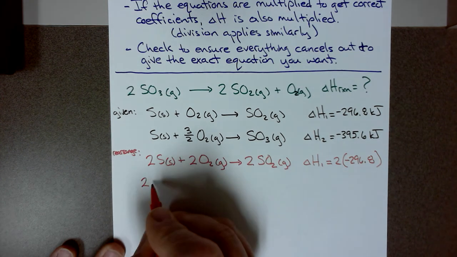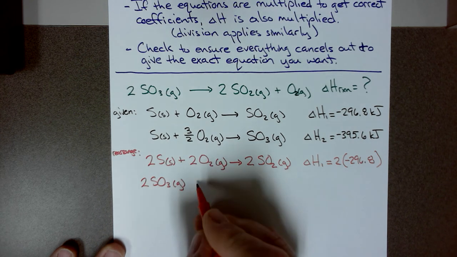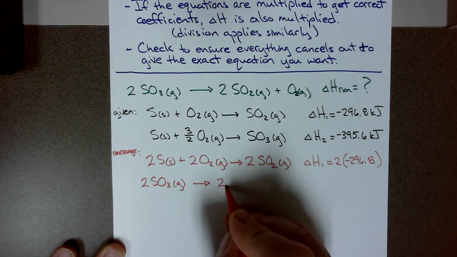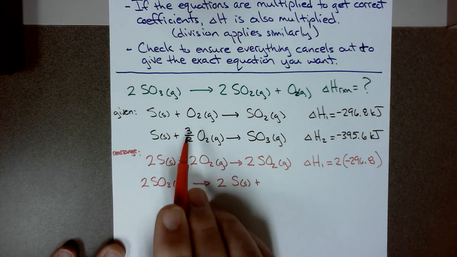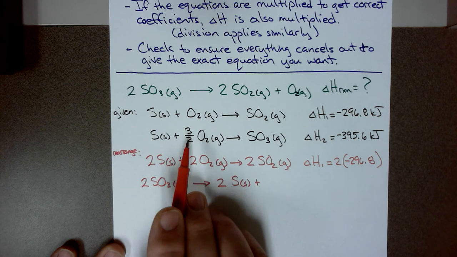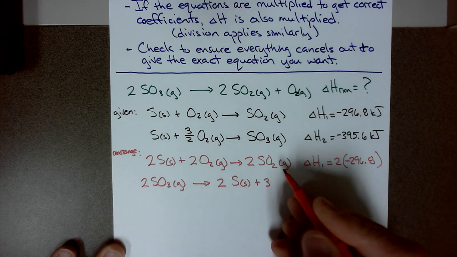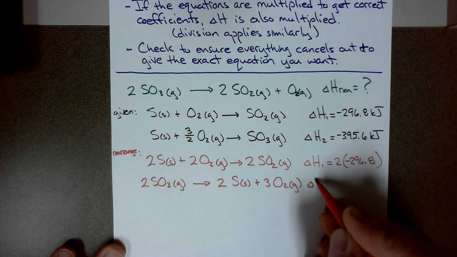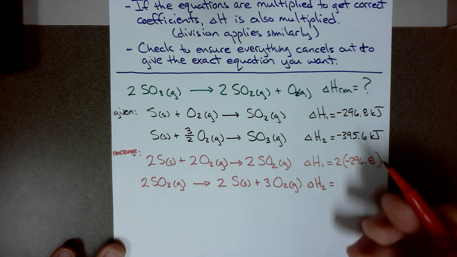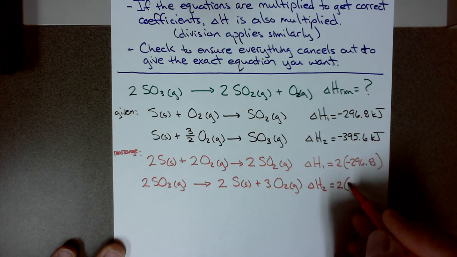So that's 2 SO3 gas produces 2 moles of sulfur solid plus, and 2 times 3 is 6, and 6 divided by 2 is 3, so that's going to be 3 moles of O2 gas. And in my delta H for this reaction, of course, I had to multiply everything by 2, and not only that, I had to change the sign, so now it becomes a positive. It was negative, now it's positive.